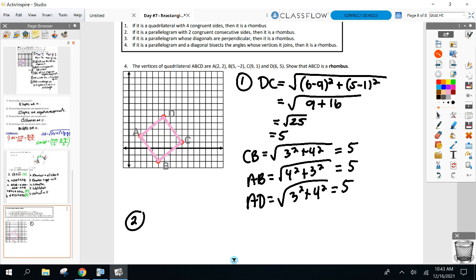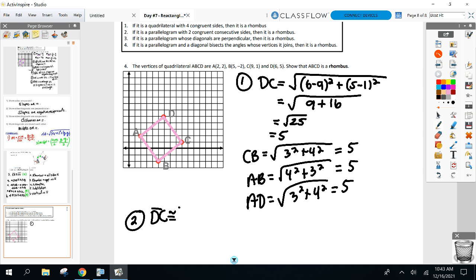Remember, step 2 is always, what did you just prove in step 1? And you're not ready to say it's a rhombus yet. If everything came out to be 5, what do I know about these 4 sides then? That's what you tell me. Last proof it was these are parallel. Not this time.